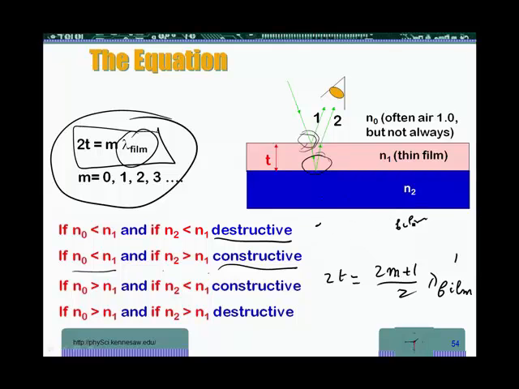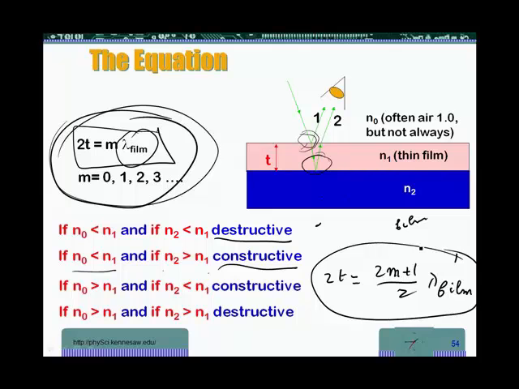Okay, so this would be my condition for constructive interference, and this would be my condition for destructive interference.